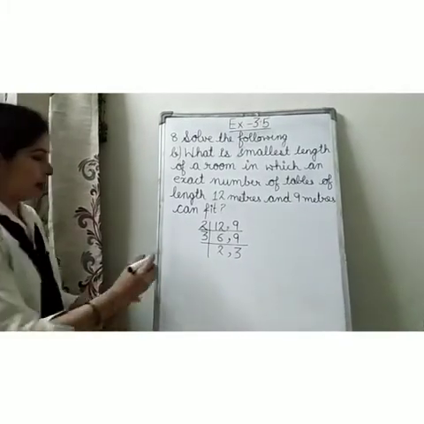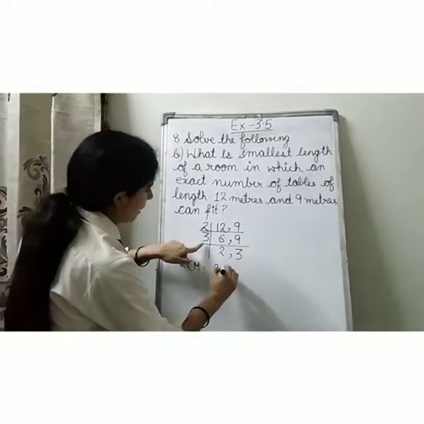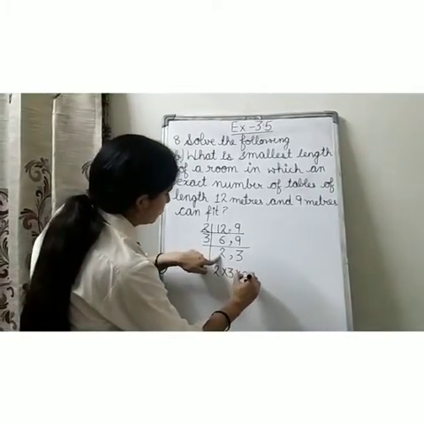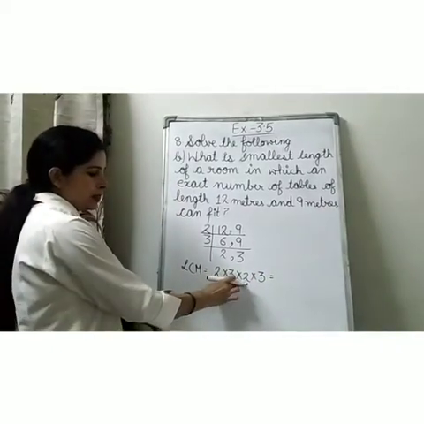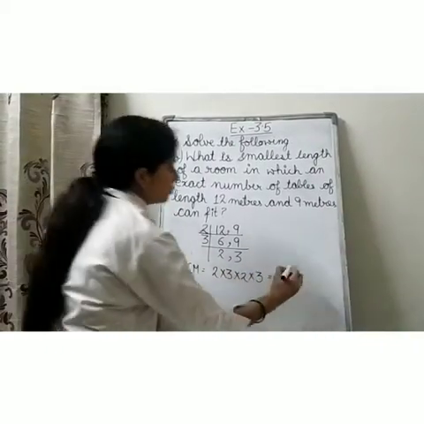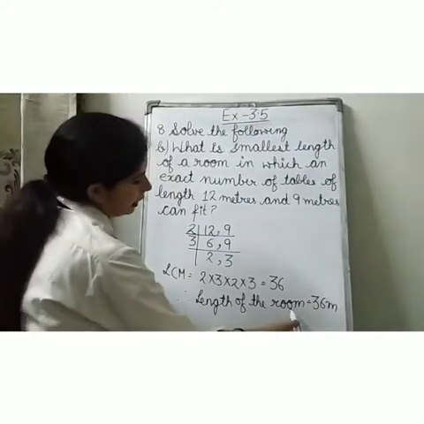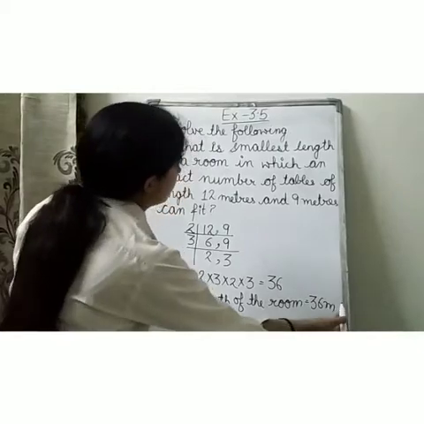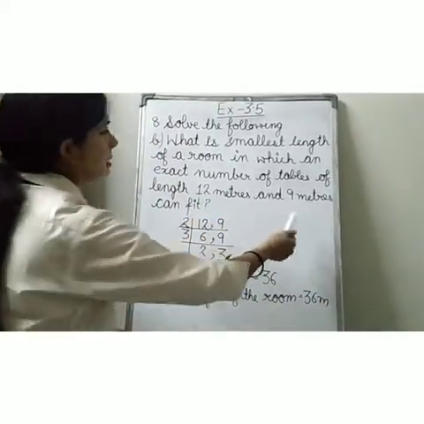So stop here. Now write the LCM. It will be 2 multiply 3 multiply 2 multiply 3. 2 3s are 6. 6 2s are 12. 12 3s are 36. Hence, the length of the room should be 36 meters to fit the tables of length 12 meters and 9 meters exactly.